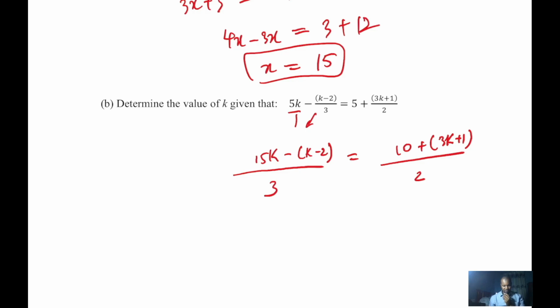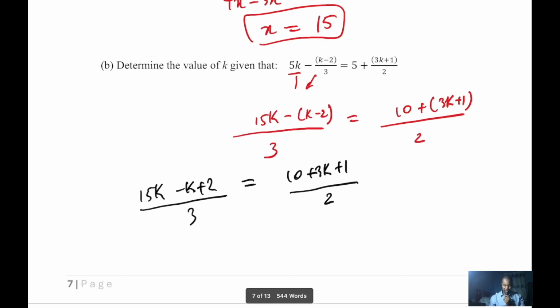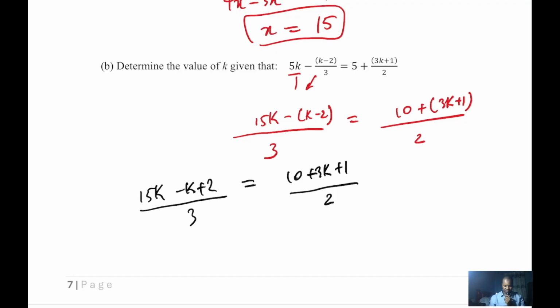And then you open the bracket. When you open the bracket, you'll have 15k minus k plus 2 over 3. This is equal to 10 plus 3k plus 1 over 2. Add up like terms. So 15k minus k, that is 14k plus 2 over 3.